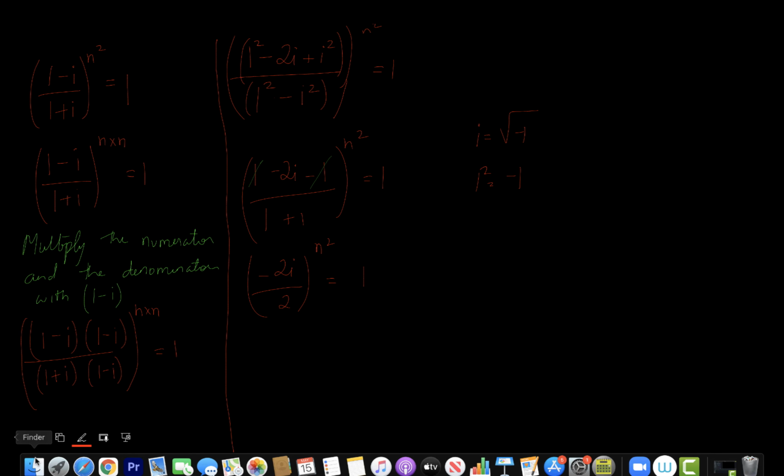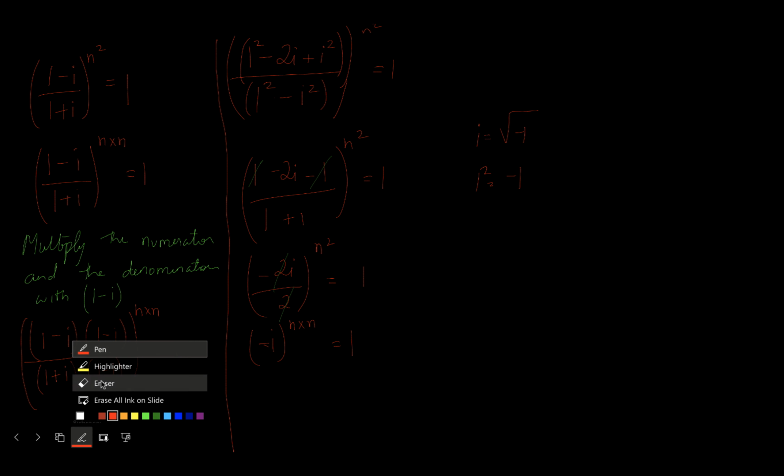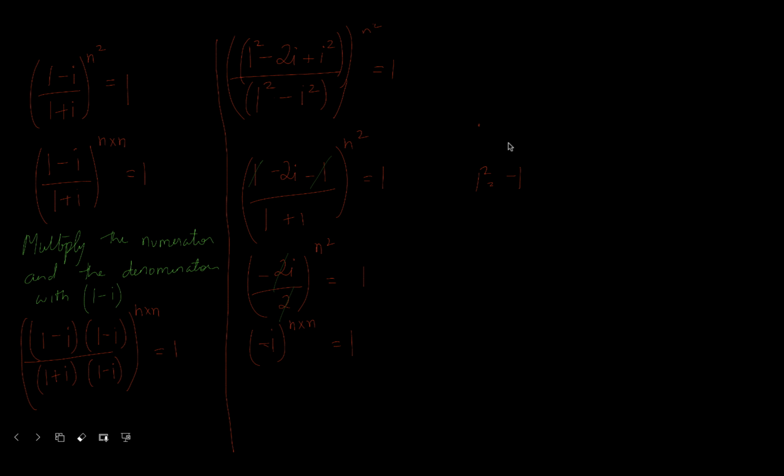Now we can obviously cancel out 2. So what we are left with is (minus i) raised to n into n is equal to 1.